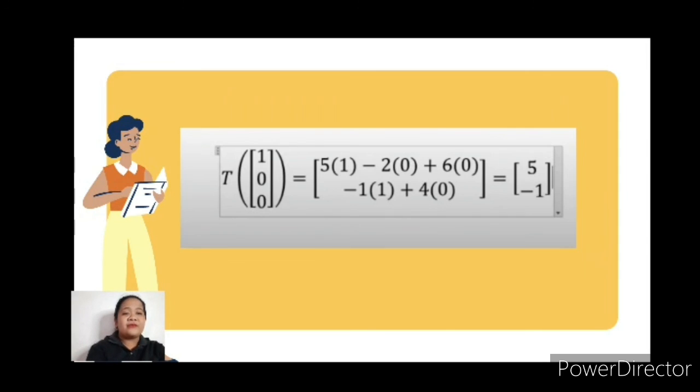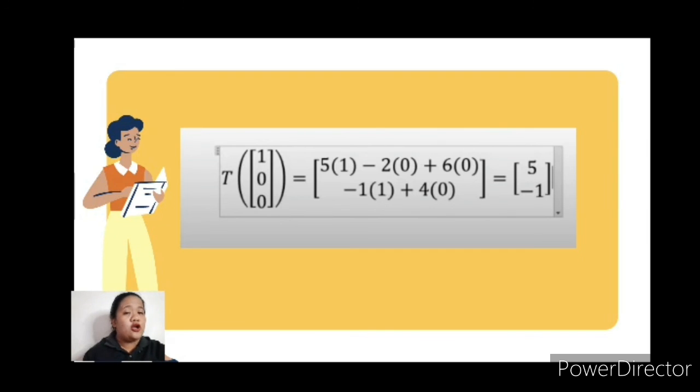We have 5 times 1, which is 5, and negative 2 times 0 is 0, and 6 times 0 is 0. Next, the second row: negative 1 times 1, and since there is no x2, we continue to x3, 4 times 0 is 0.